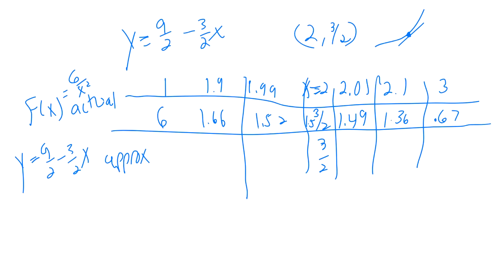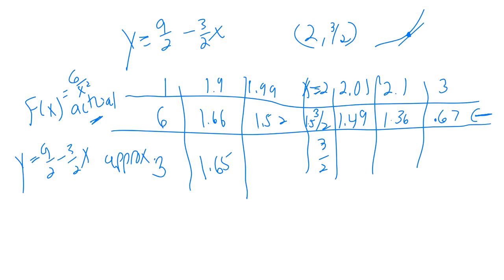These are the actual values of the function, the y value there. If I start to look at the approximation, if I plug 1 into this function, I'm going to get 1.65. I take that back, I get 3. This is 1.65.